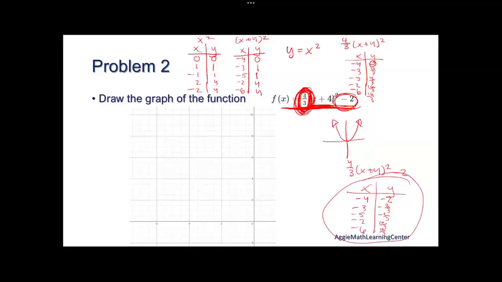Okay? So we can graph that out. We have the vertex at negative 4, negative 2. Then we have negative 3 at negative 2/3, so that is going to be somewhere right there. Then we have negative 5 and negative 2/3.